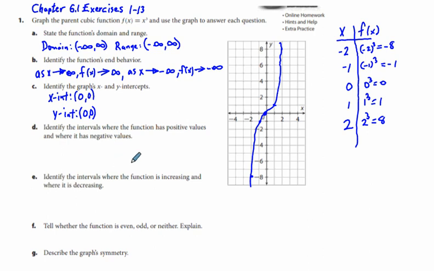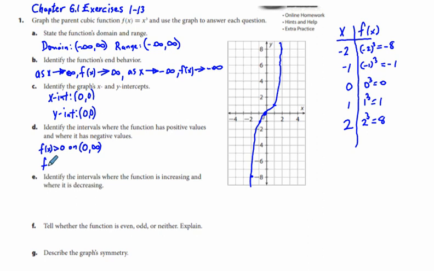Identify the intervals where the function has positive values and where it has negative values. Well, the point of change is going to be here at x equals 0. So we will say f(x) is greater than 0 on the interval 0 to infinity.